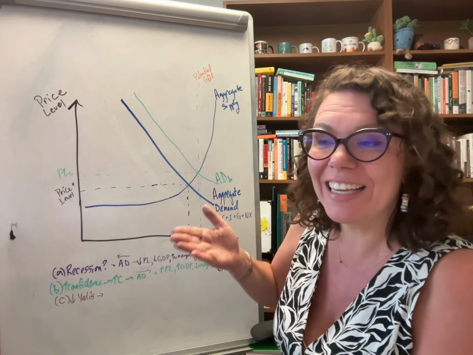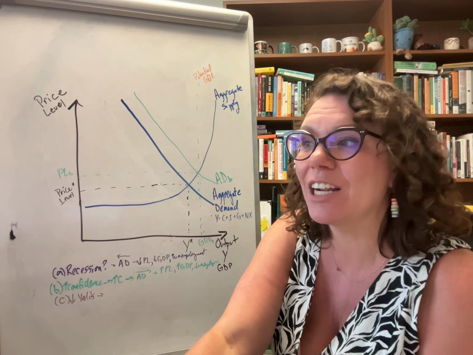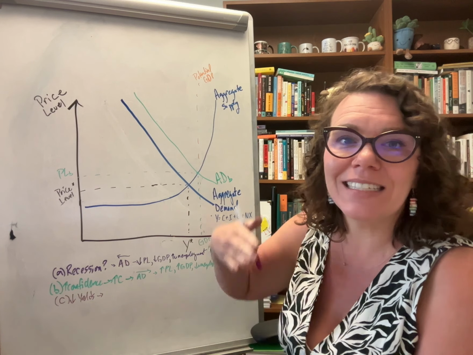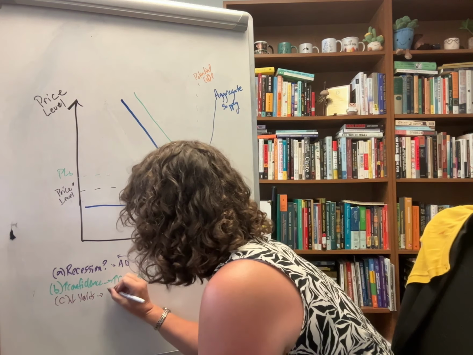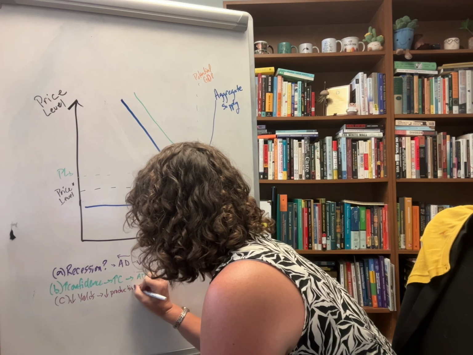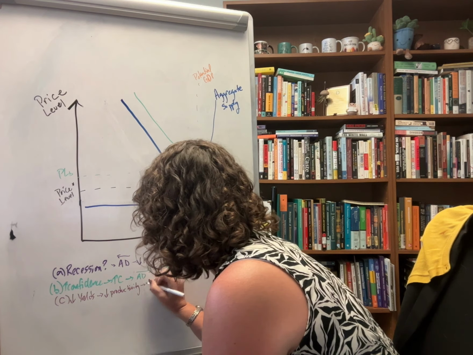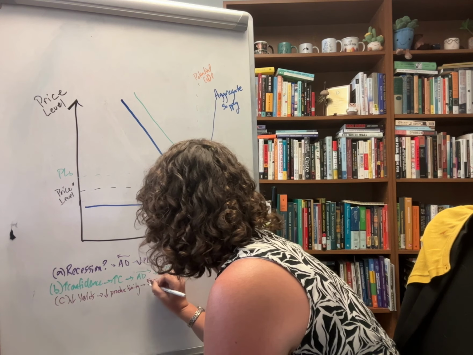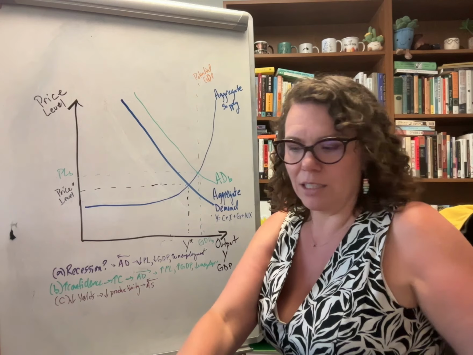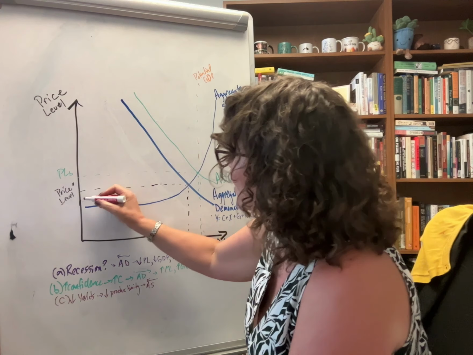So now we're finally going to get to shift that aggregate supply curve. What we're going to see is that this decrease in productivity, right? That's going to be decreased productivity, is going to result in an inward shift in aggregate supply. So it's going to look something like this.